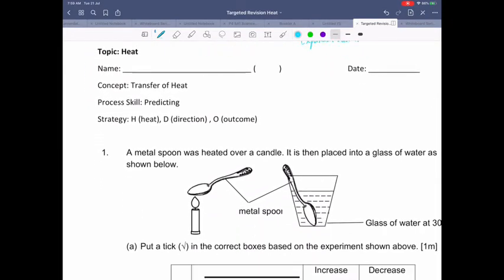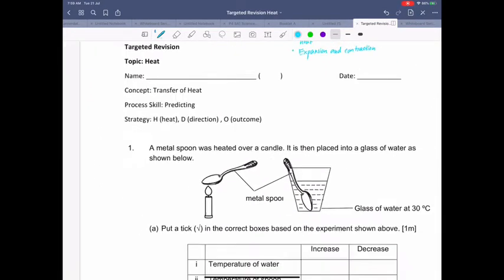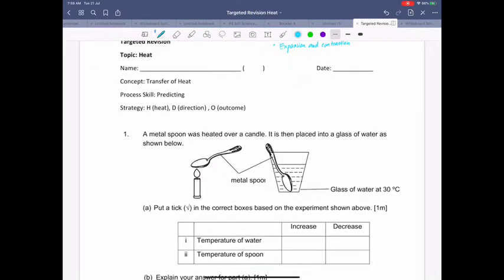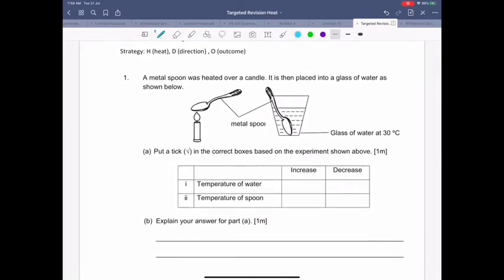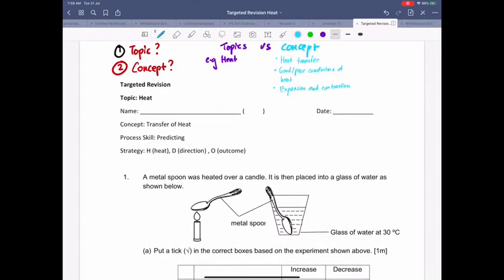So let's start off with the first question. The first thing you do in attempting a question is to read the question. I'm just going to pen it down: read question.